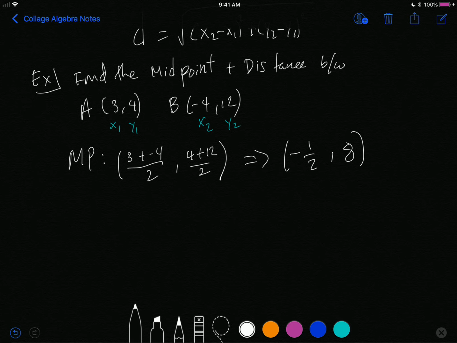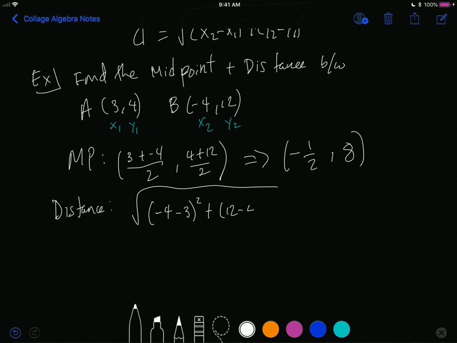The distance between the 2 points will be the square root of x2 minus x1 squared plus y2 minus y1 squared. Now we got to be careful with our signs.